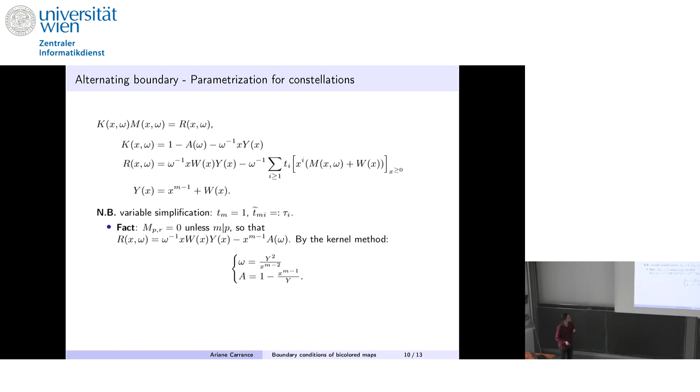So in that case, from what I've just explained about the kernel method, you get these two equations on omega and A, which are the ones that I wrote already right before. And then, since we already have a well-known nice parameterization of x and y, we would just plug it into that.